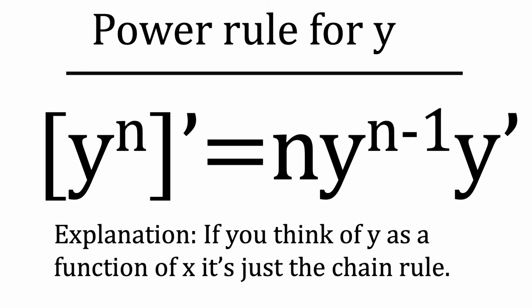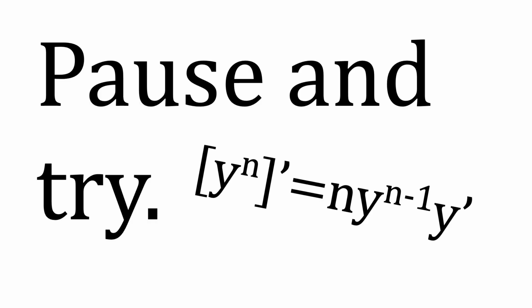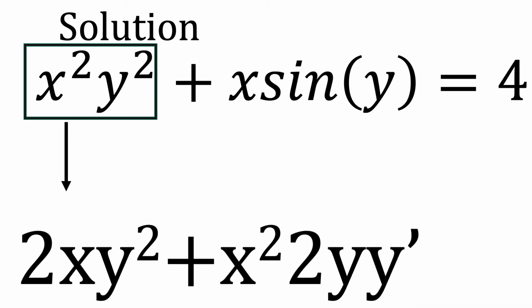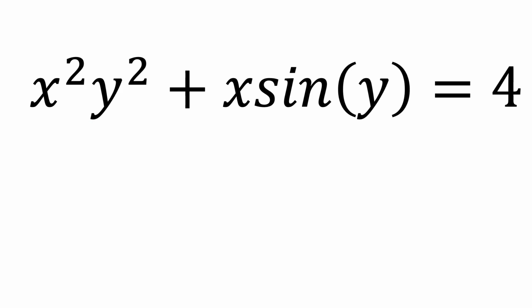Here's my little explanation. If you think of y as a function of x, it's just the chain rule, and you can use the power rule for y as a little tip. So it has to be 2x times y squared plus x squared times 2y times y prime, because that's the derivative of y squared.